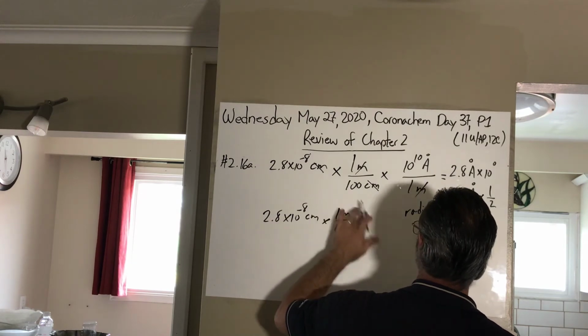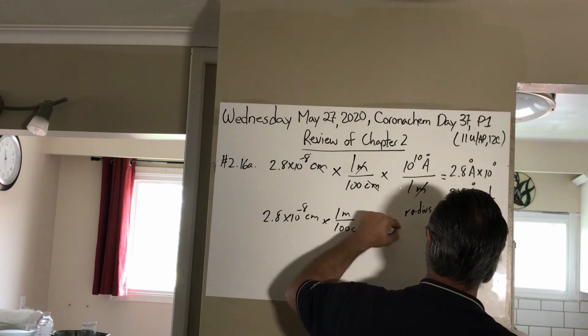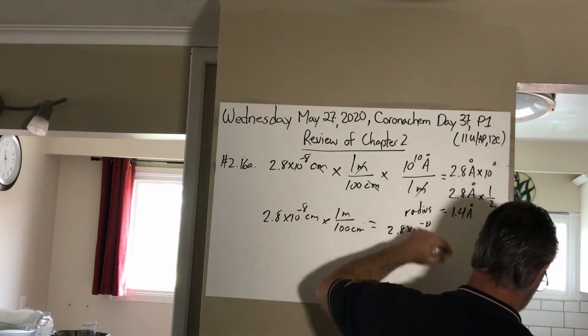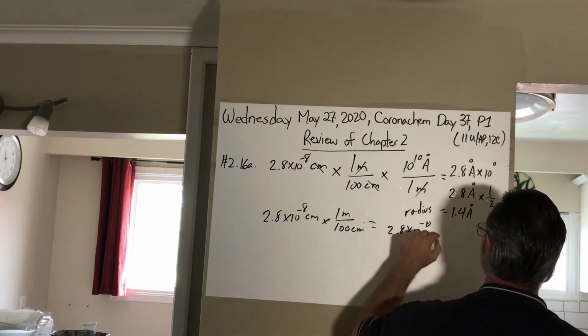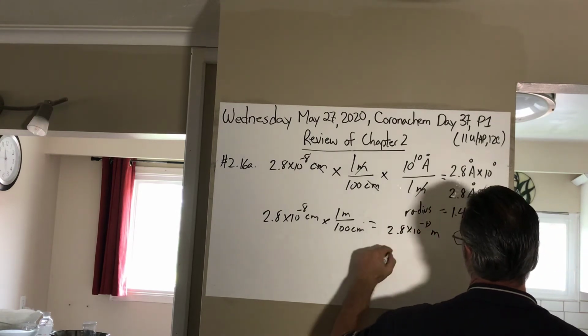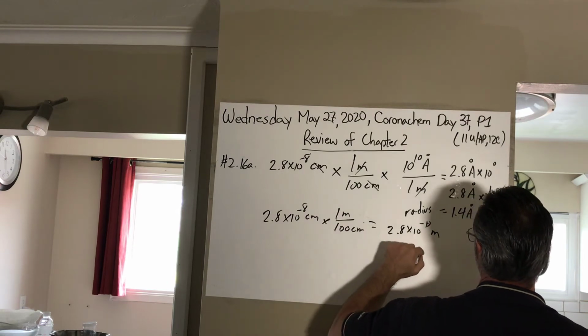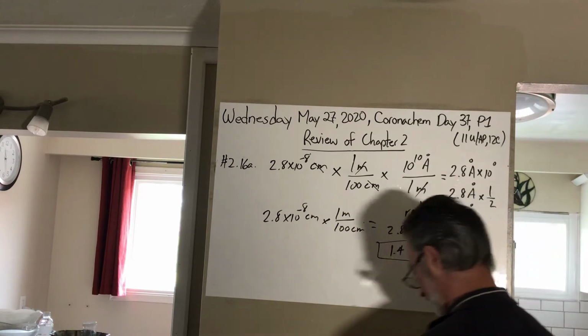That's it, you're done. That equals 2.8 times 10 to the negative 10 meters. And then that's the diameter, so the radius would be 1.4 times 10 to the negative 10 meters. That would be the answer for the second part of A.